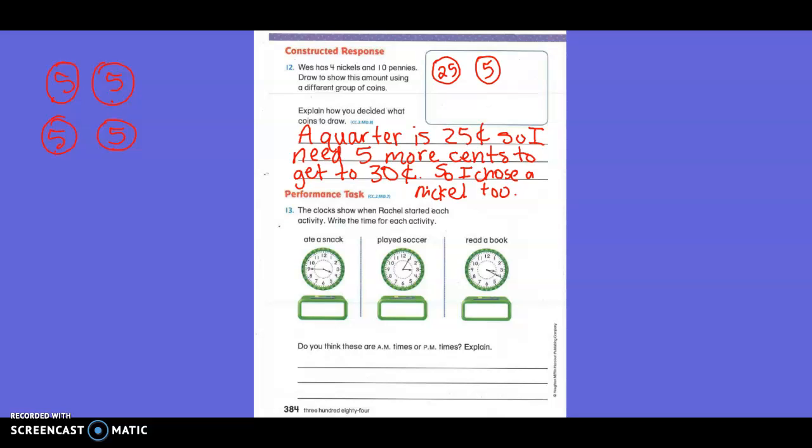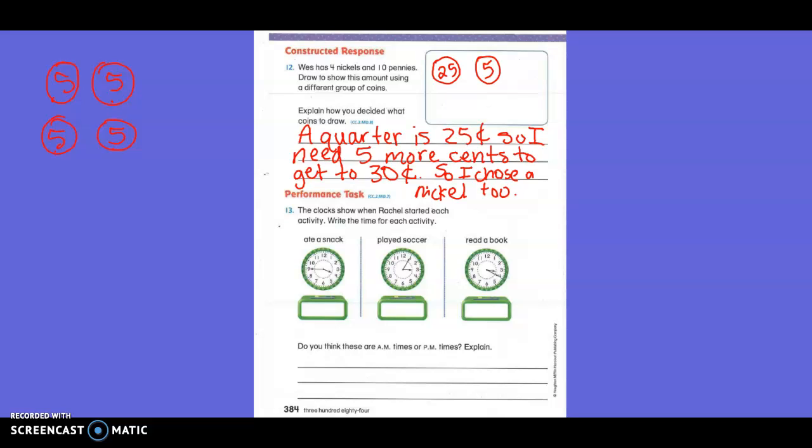Number 13, everybody read the directions. The clock showed when Rachel started each activity. Write the time for each activity. Okay, for right now, let's go to the first one.